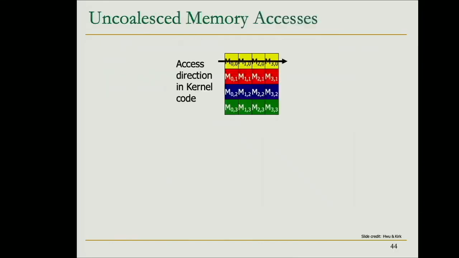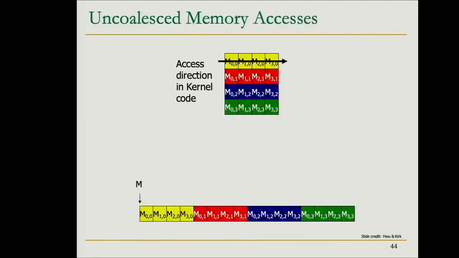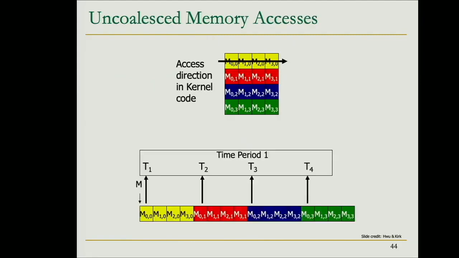This is a little bit more detail about what an uncoalesced memory access is. Imagine that I assign the rows to individual threads. In this case, the matrix is only 4 times 4, but now imagine that it's 4,000 times 4,000. So when we talk here about time period, in reality, we want to talk about iteration.